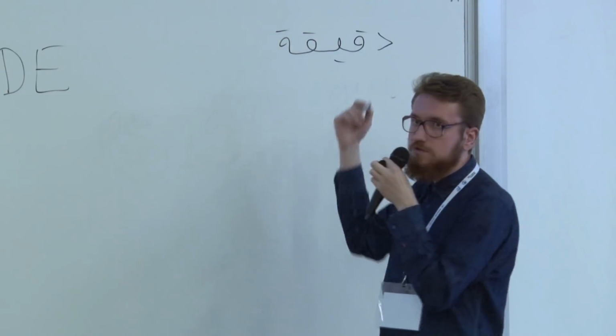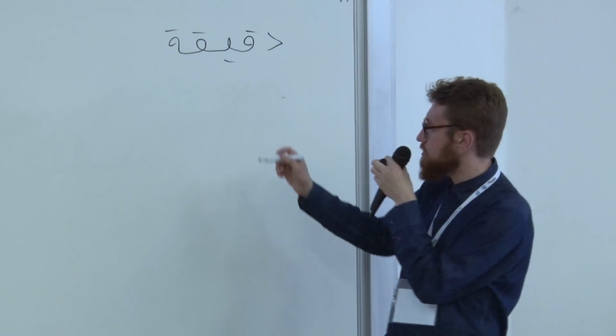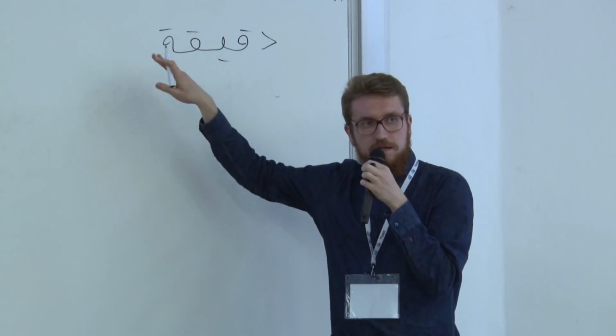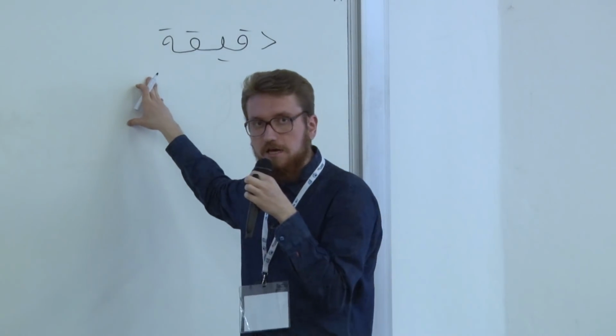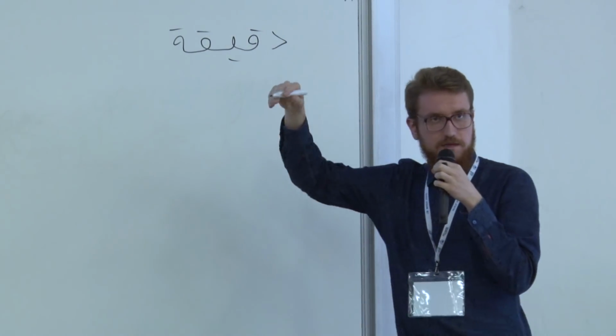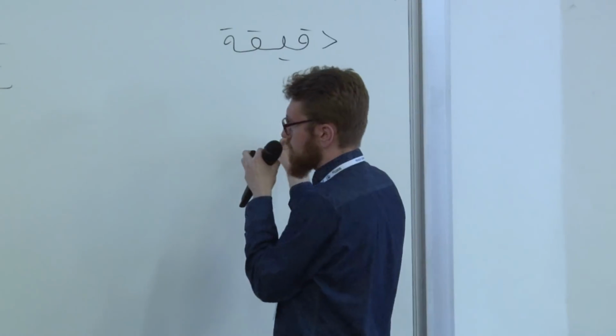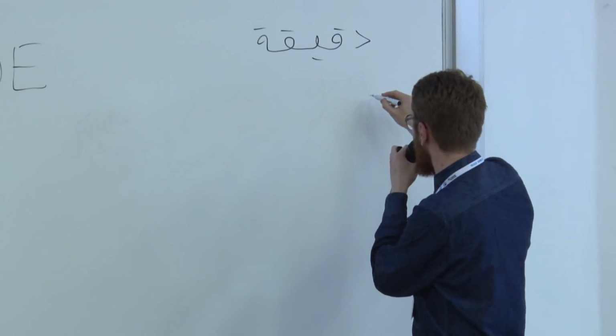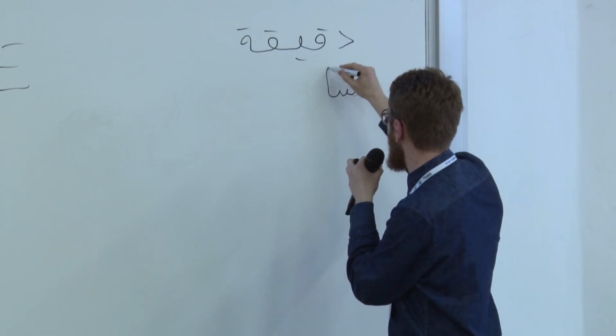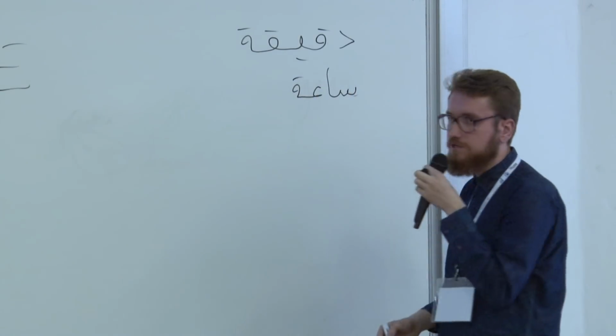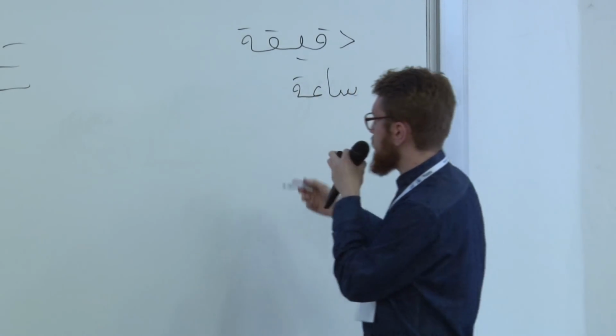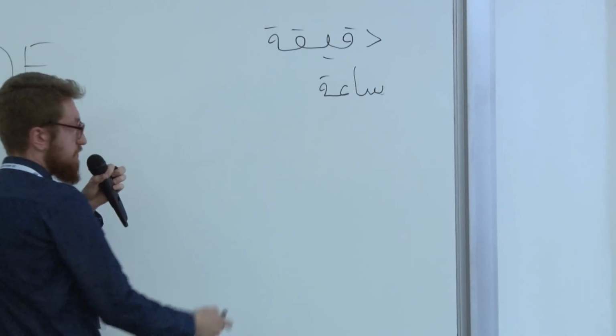This letter is ta marbuta. It's a typical Arabic letter, which is now pronounced as a at the end, and it only appears at the end, but historically it had a t at the end. So another word is sa, which means an hour. So how were they transformed to Persian?